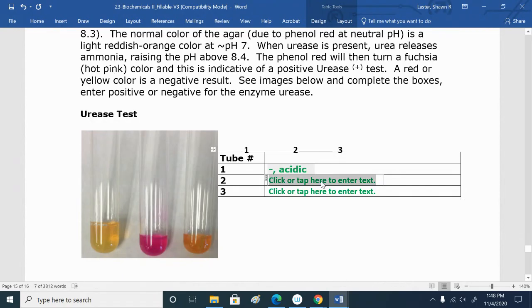In tube 2, is it positive or negative? Of the middle tube, tube 2, is it positive or negative?